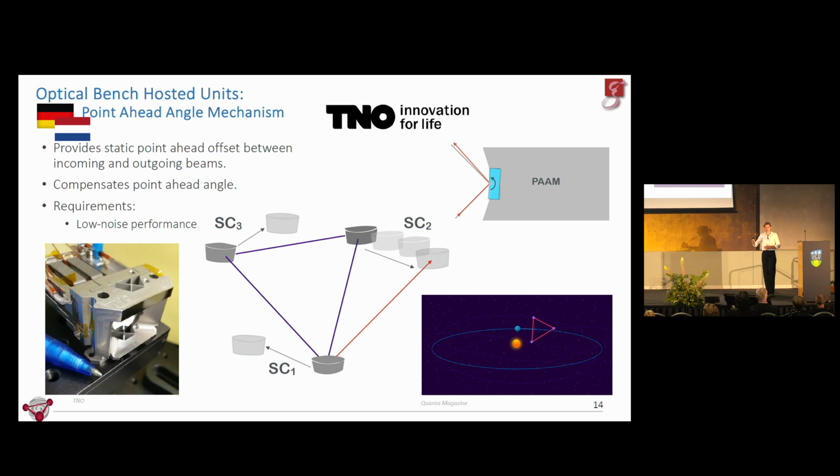We also have to compensate for any off-the-plane point-ahead angle changes due to the spacecraft move, and that can be done only on the optical bench.